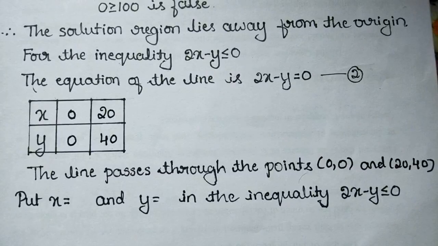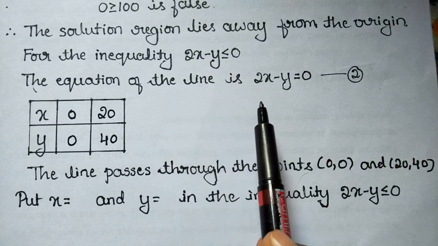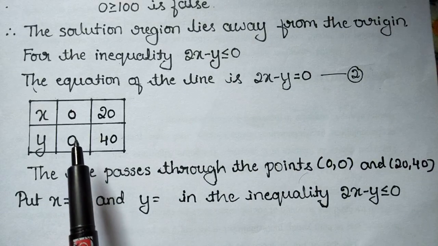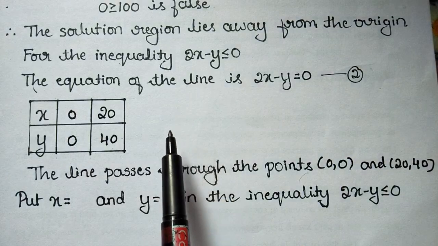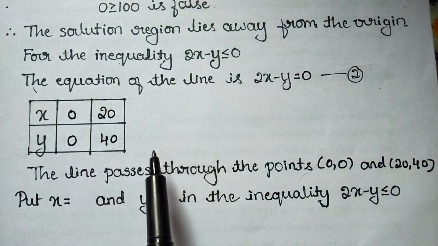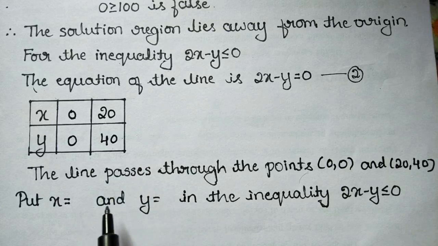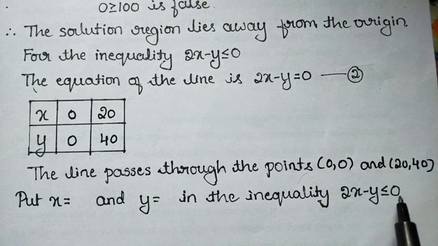Now we have to find the solution region for this inequality. Observe that the line itself is passing through the origin, so the solution region for this inequality will not be in terms of either towards the origin or away from the origin. In this case, we do not substitute the origin in the inequality to check the solution region because the origin gives us 0 less than or equal to 0.